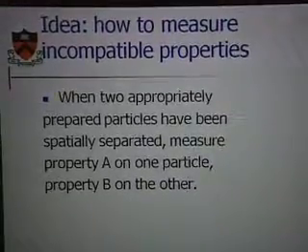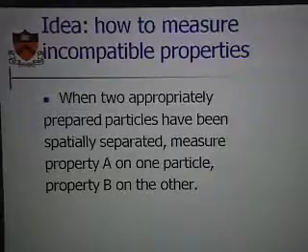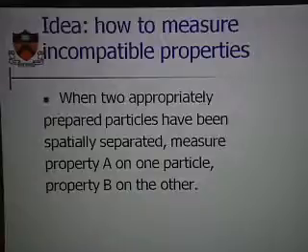There are various pairs of properties that are incompatible in the sense, well, as I say, it's usually explained as if the act of measuring one disturbs the other. Well, we've seen that in the case of particle spins, that's not a correct description. Let's continue to use that incorrect description for a moment.